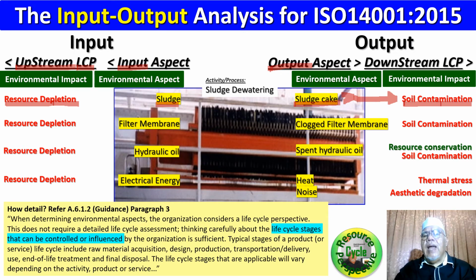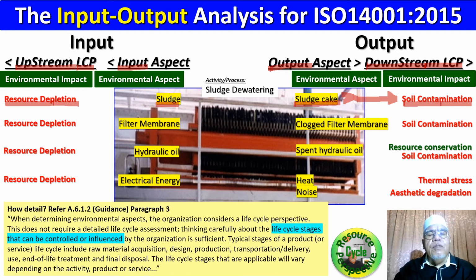So when it is an output environmental aspect, we have to look at the downstream of its interaction with the environment from its life cycle perspective, to determine its respective environmental impact.